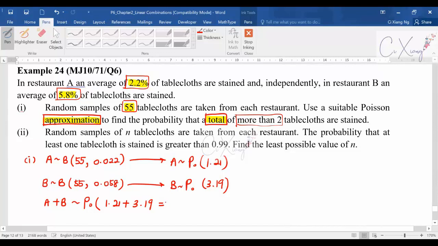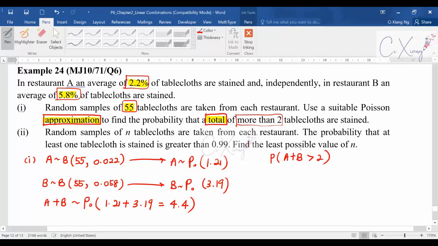When you add them together, if I'm not mistaken, you should get the mean of 4.4. Then they want you to calculate the probability that more than 2 tablecloths are stained. That means no matter which restaurant it is from, A or B, as long as the total number of stained tablecloths is more than 2.